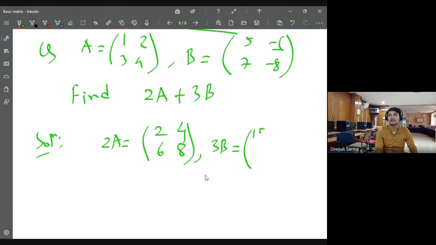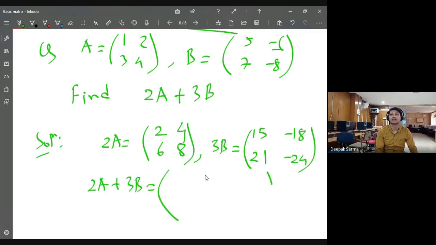Here I will have 15, minus 18, then 21 and 24. So now what do we have? Twice A plus 3B. Simply add entry-wise: 2 must be added to 15, 4 must be added to minus 18, and 6 plus 21, 8 plus 24. So whatever you get, you can write it.